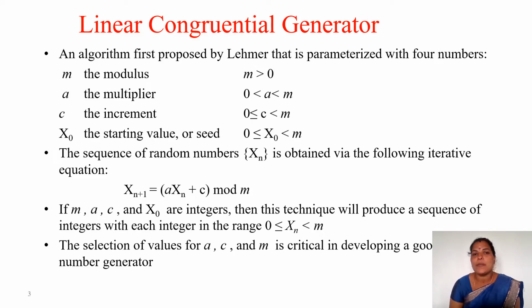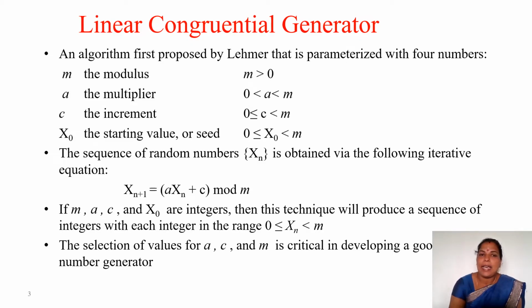Here in this presentation, we are going to discuss two important pseudo random number generators. One is the linear congruential generator. This algorithm was first proposed by Lehmer, and it is parameterized with four numbers. That is m, the modulus, which is always greater than 0.